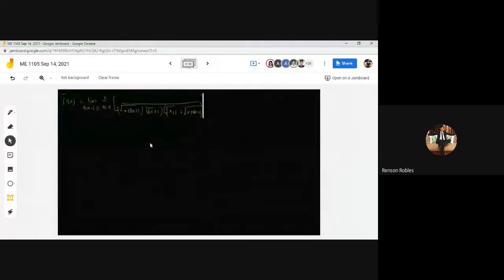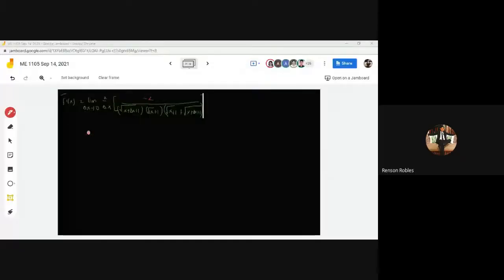Then what is left on the numerator? Negative 1. Then I will just write it negative 2 kasi tatanggalin ko to. Okay? Tatanggalin ko yan. So wala na to dito kasi na-cancel na natin yung delta x.